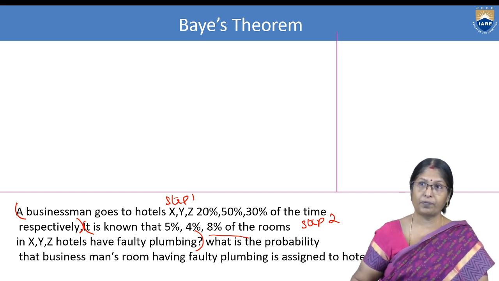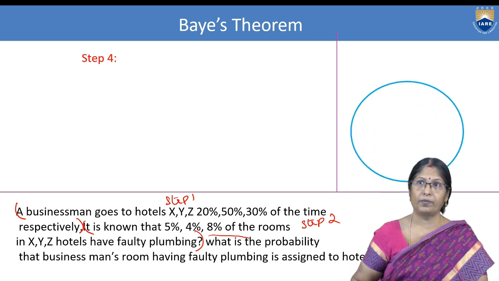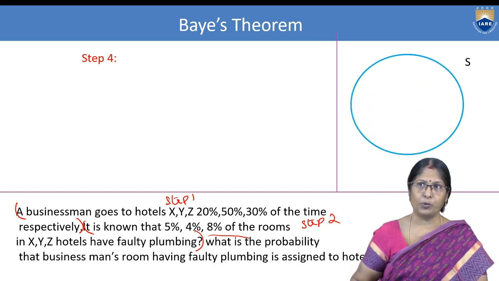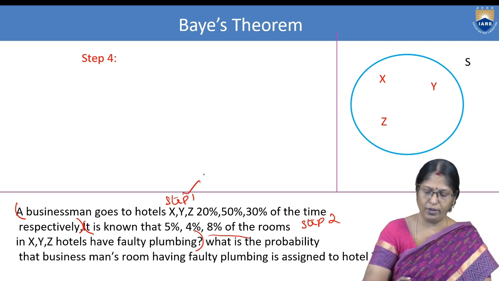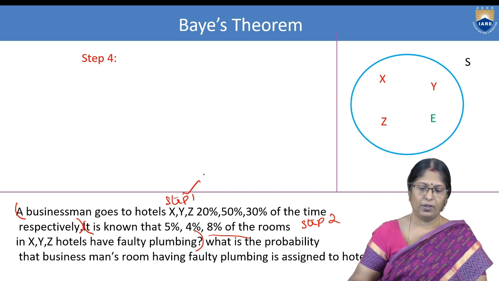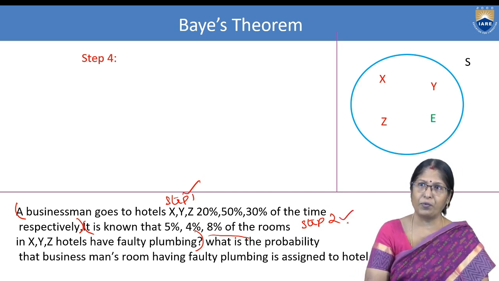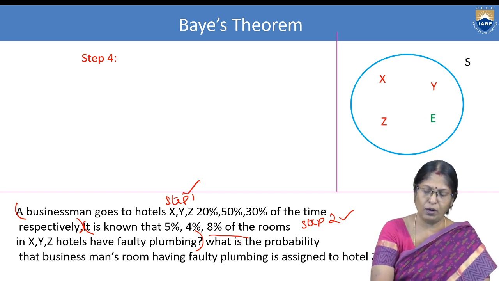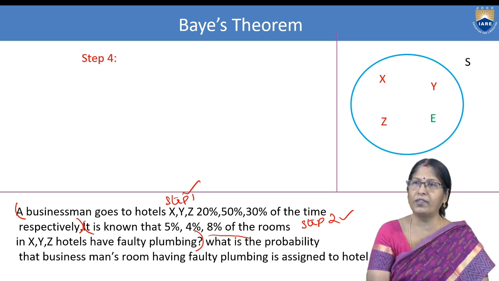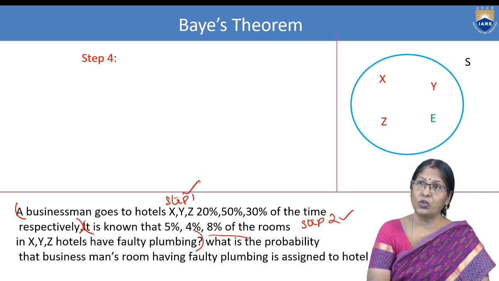You can see it. Yeah, sample space. These are the main events, related to step 1. Related to step 2, that is faulty plumbing, which we have given the name capital E. Usually one sentence should be there in the question, that is the total probability of faulty plumbing.